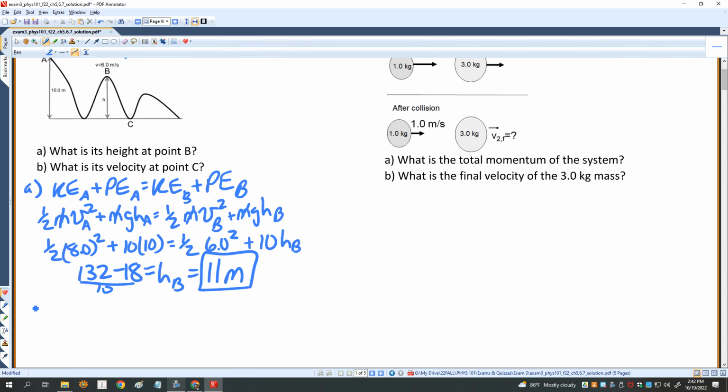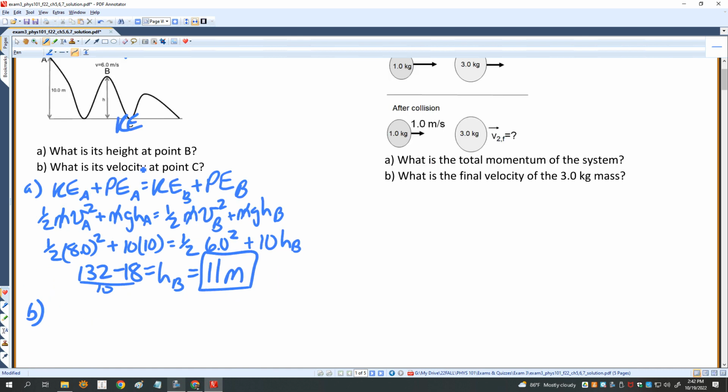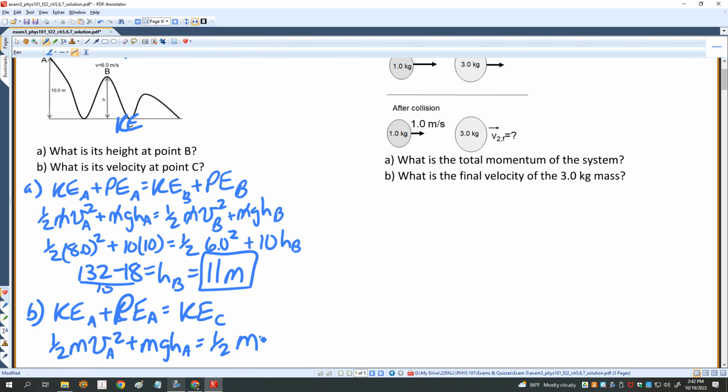And then I want to know what is the velocity at point C. Well, notice here at point C that I only have kinetic energy. There is no potential energy. So I can do something similar, where I have kinetic energy at point A plus potential energy at point A equal to the kinetic energy at point C. I can put in these values.